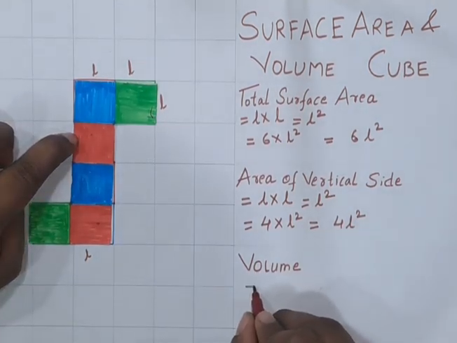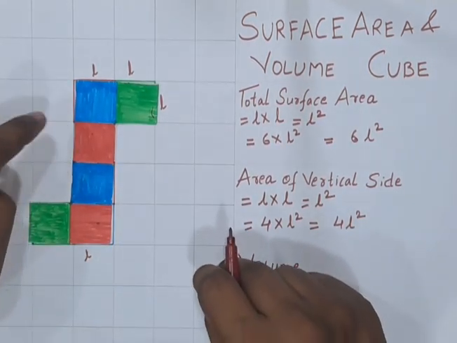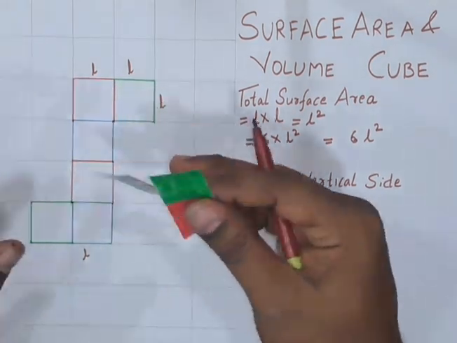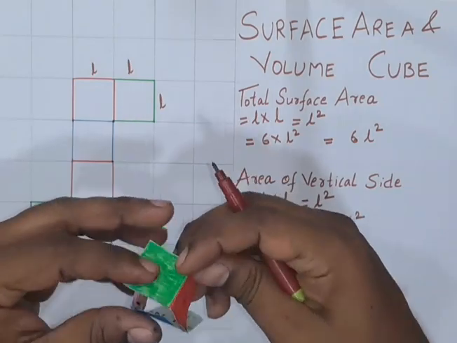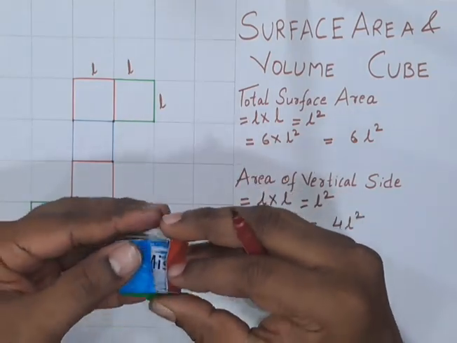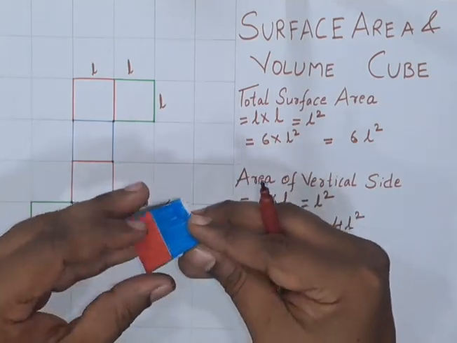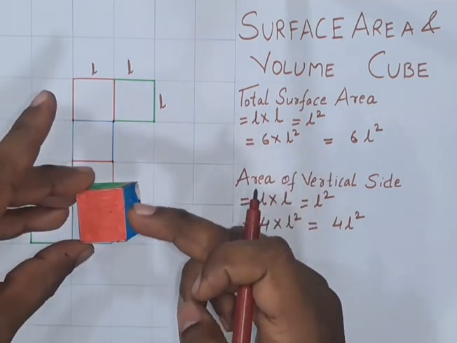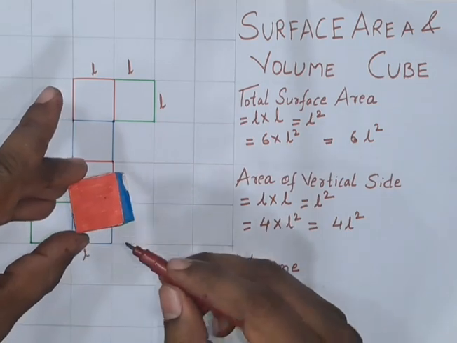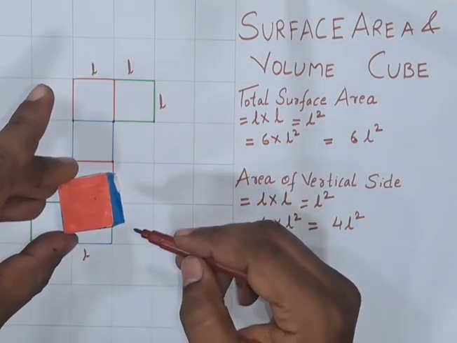Now moving ahead with the volume. Let me bring back the cube again. So this is the cube, and you can see this is the length, this is the breadth, and this is the height.